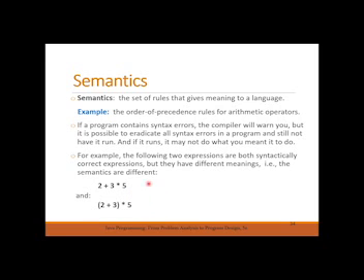Bakit po? Kasi 2 + 3 * 5 is not the same as (2 + 3) * 5. Iba po ang value niyan. This one has a value 15 plus 2, so that's 17. This one here is 5 times 5, 25. So magkaiba po sila.